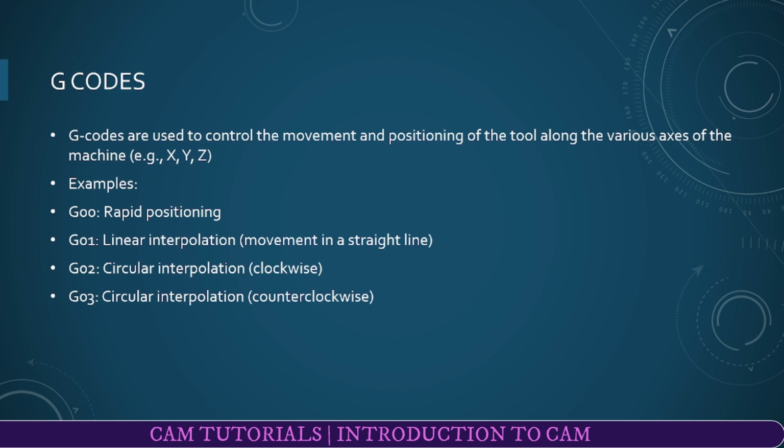If you have something round or circular shaped, like a fillet, these circular interpolations are used there. It depends upon your tool and your required shape in which direction your tool shall move. For example, if it is circular interpolation clockwise, you will use the G02 code.